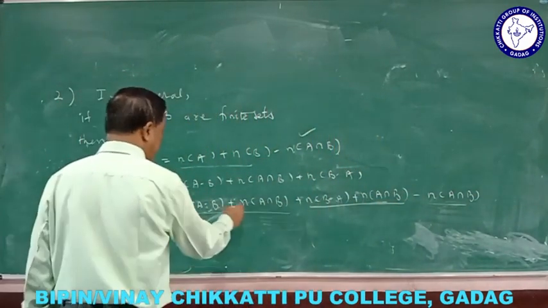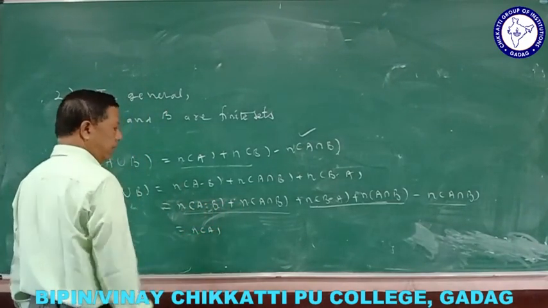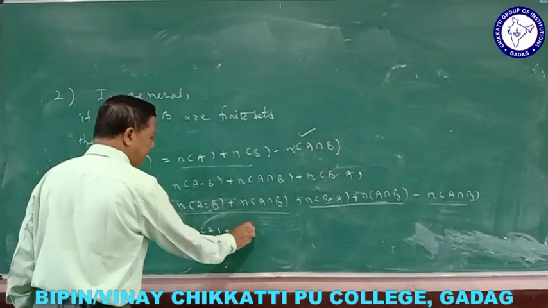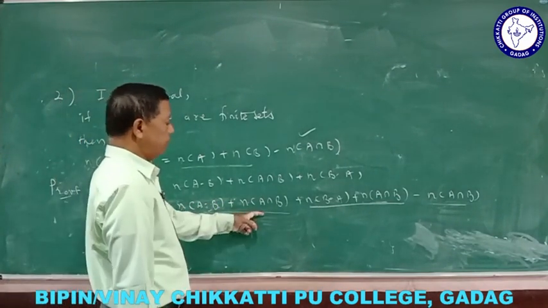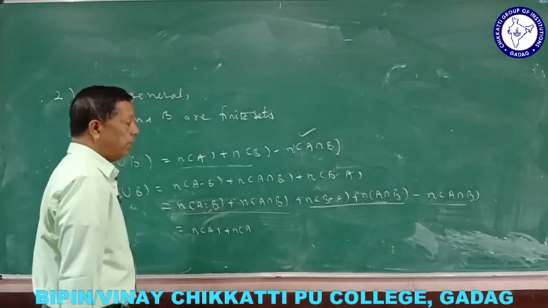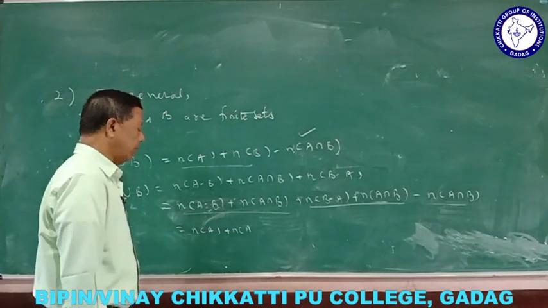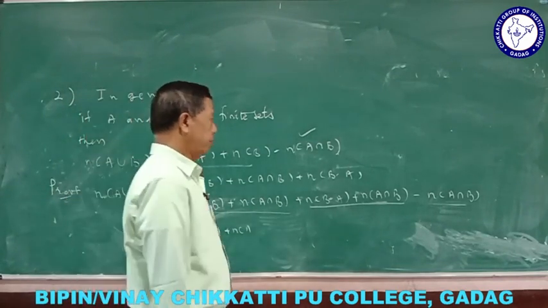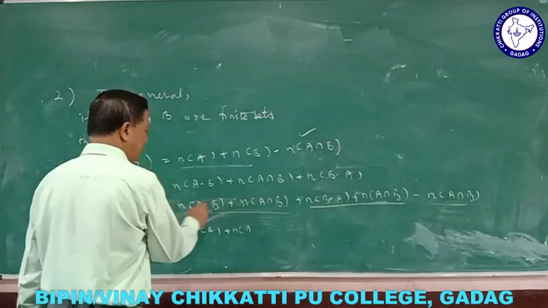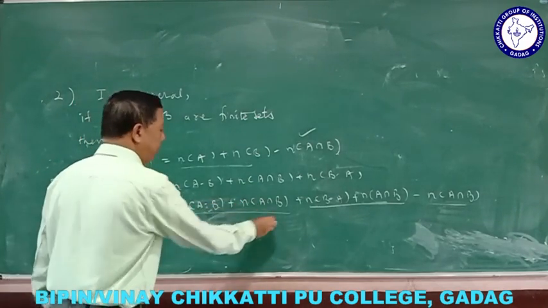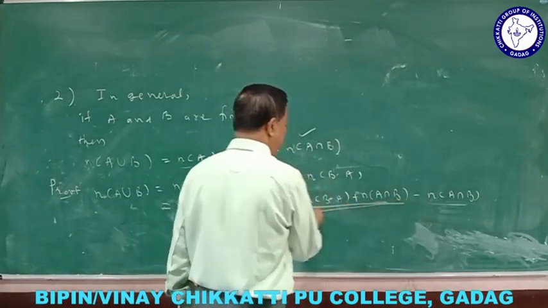So here you see that n(A minus B) plus n(A intersection B) is nothing but n(A). So we see n(A intersection B), n(B minus A), and n(A intersection B), and accordingly we can write the result. When you see n(A minus B) plus n(A intersection B), it is n of A only, and this other part is nothing but n of B only.